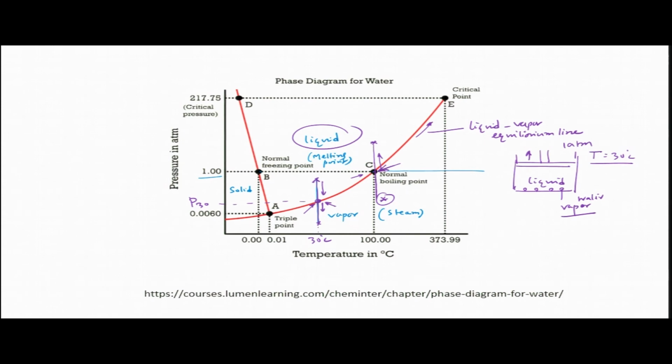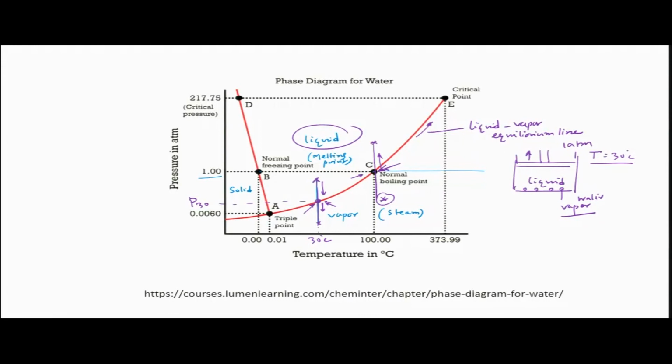That means, when liquid forms steam, this is also a boiling point at 30 degrees Celsius. So, this is the boiling temperature, 30 degrees, and the steam is forming. Now, when the vapor forms, and gradually if you keep decreasing the pressure, a lot of vapor will form.